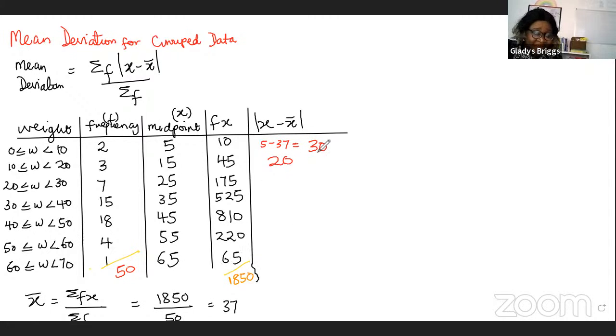So what's the answer to this one? I think it's 32 or so. So we have to check these ones.